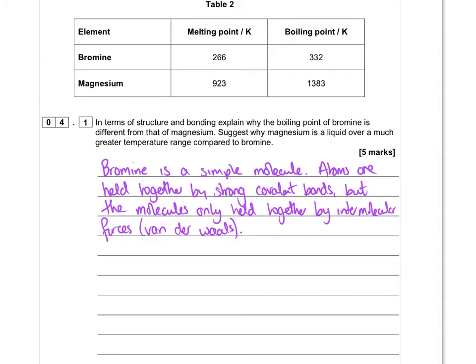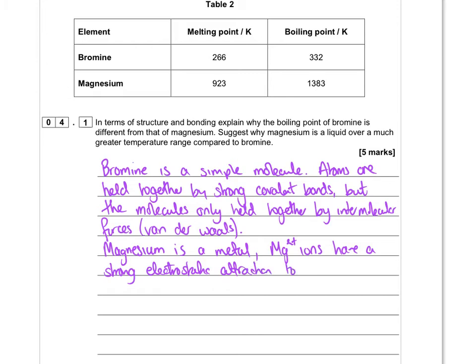If we compare it to magnesium, magnesium is a metal. So magnesium ions have a strong electrostatic attraction to delocalized electrons.